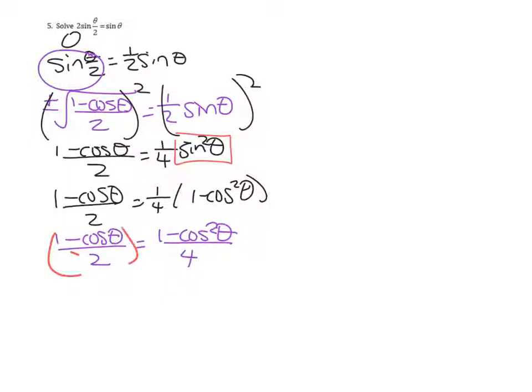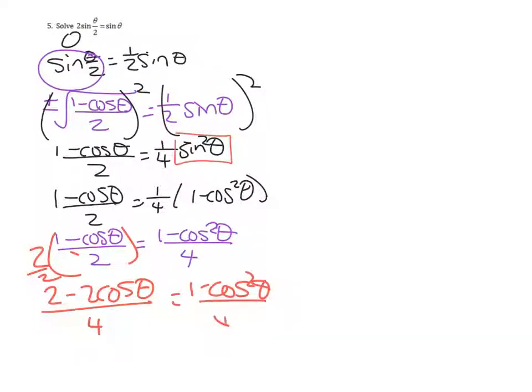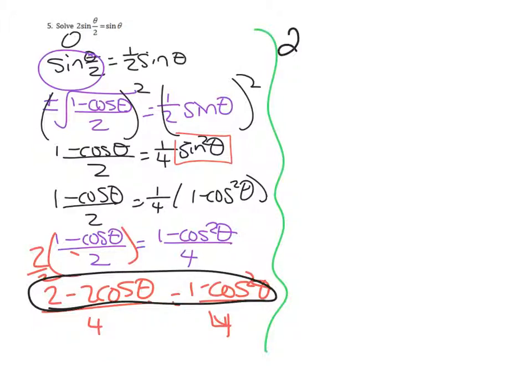So this needs to be multiplied by 2. So that's going to give me 2 minus 2 cosine theta over 4. Once my denominator is the same, I'm just going to put the top together over here. 2 minus 2 cosine theta.